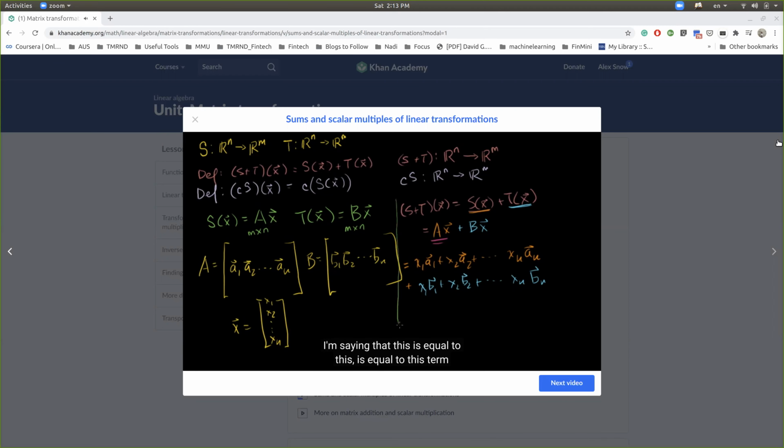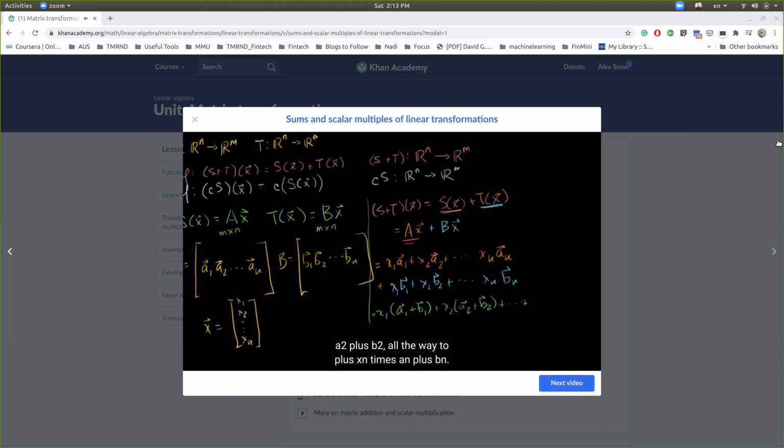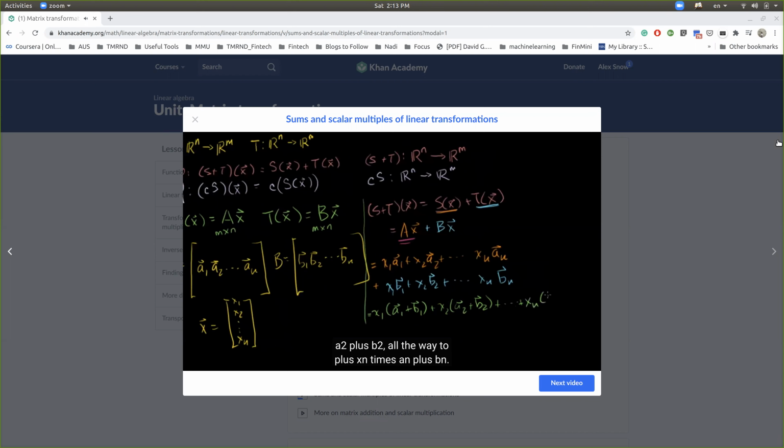I'm saying that this is equal to this term plus this term, which is equal to x1 times (a1 plus b1), plus x2 times (a2 plus b2), I'm just adding these two terms up, all the way to plus xn times (an plus bn).